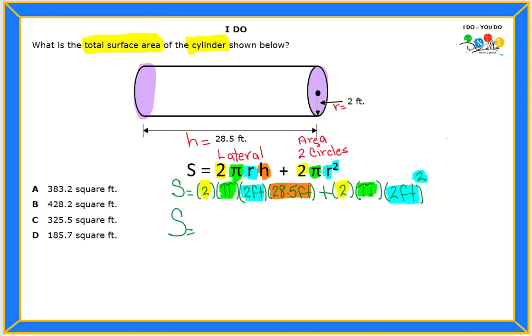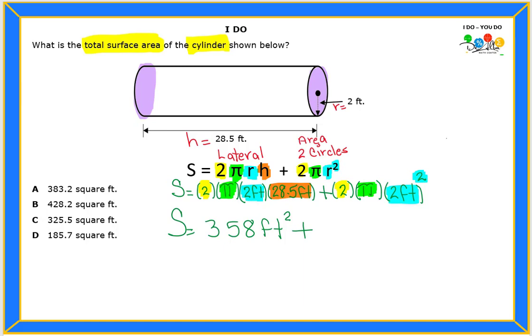The first one, which is on the left side of that plus sign, will give me something like 358, and of course, these are square feet. And that will be the lateral only. Okay? That will be the lateral. That second part is actually the area of the two circles.